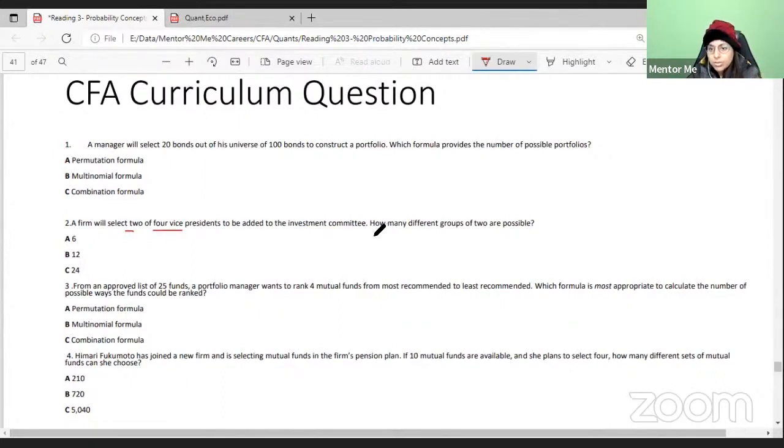So I don't think order is important. Order is not important, so it should be 4C2. If you calculate, 6 आ रहा है. 4C2, 6 आ जाना चाहिए, ठीक है? Absolutely. Answer should be A, 6.